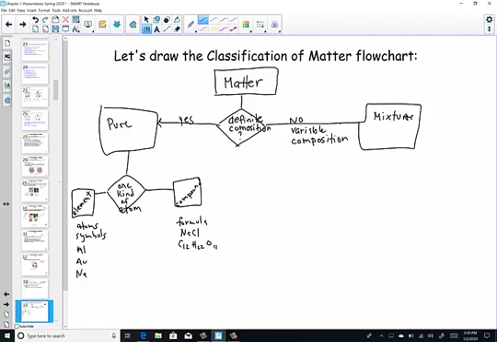Let's come back over here to the mixture and ask ourselves a question: is it a single phase? How many things do you see in that mixture? If it is a single phase, we've made ourselves a homogeneous mixture.